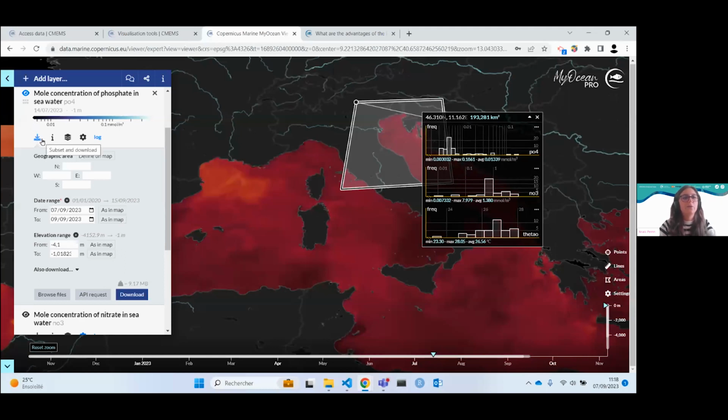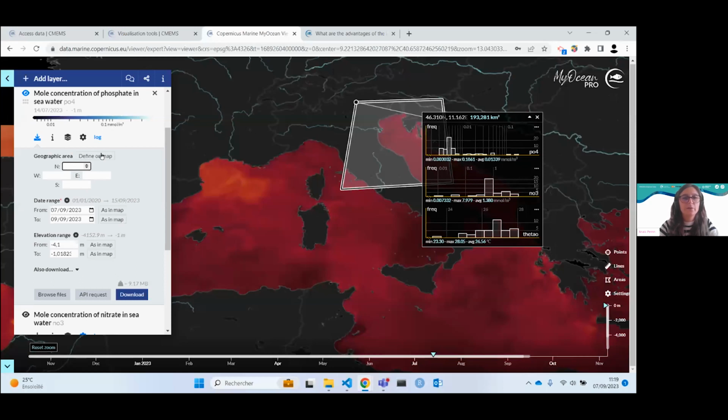Here, when you click on the download icon, we need to fill in the geographical area we need. You can either manually enter your coordinates or use the define on map option.